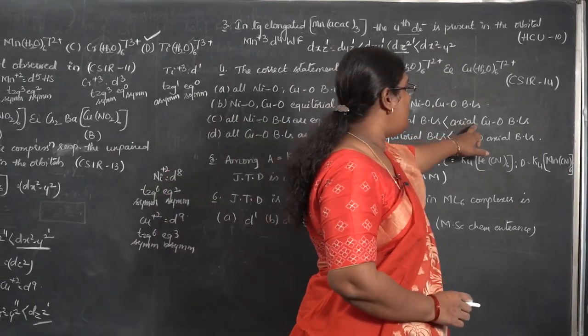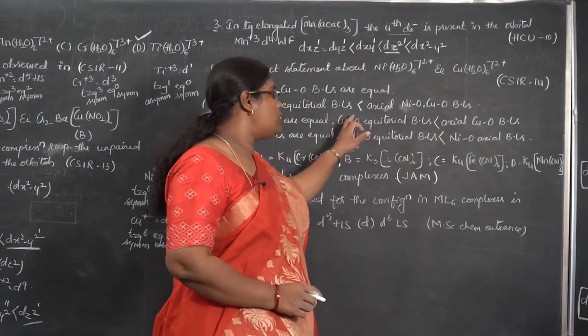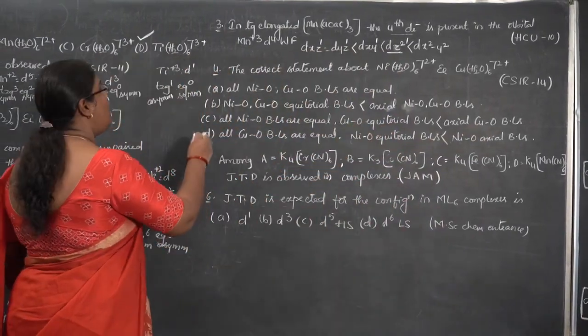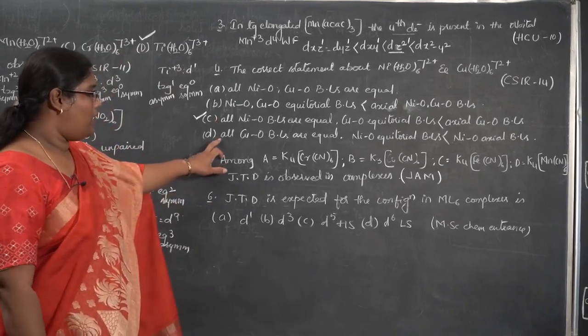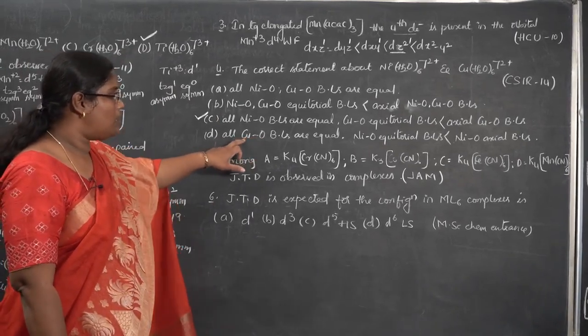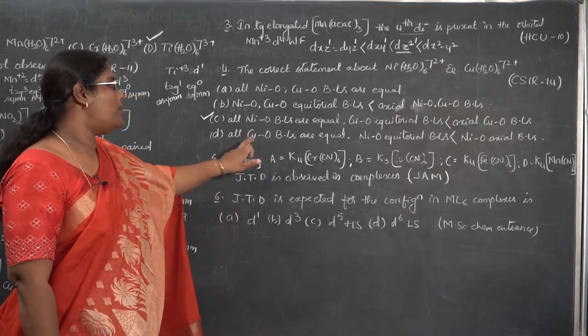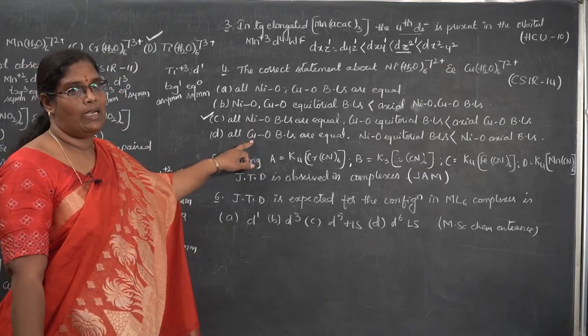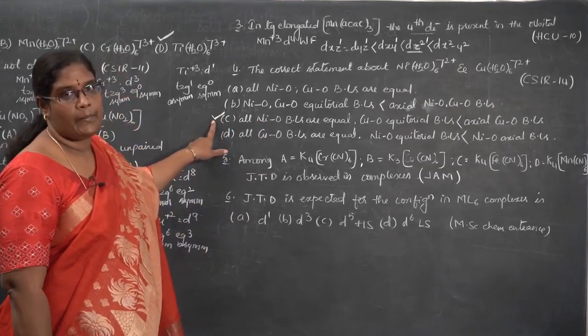And there he is saying that axial copper oxygen bond lengths are longer than equatorial, which indicates that there is distortion. So your answer will be C. And if I go for D, he is saying that all the copper oxygen bond lengths are equal. No, there is distortion in the copper complex, so it cannot have all the metal ligand bond lengths equal. So your answer is C.